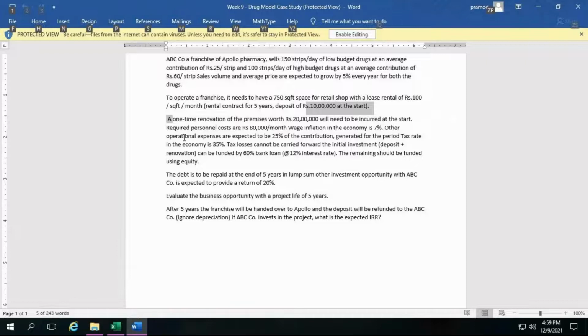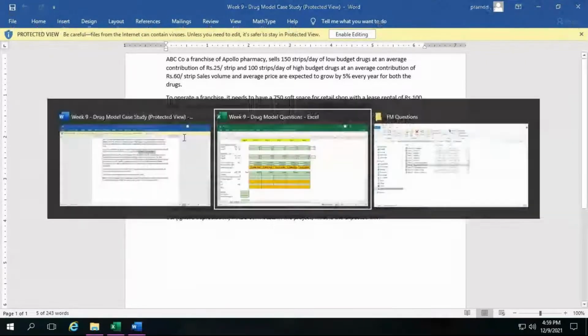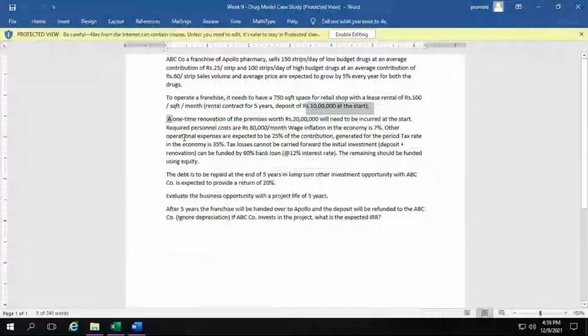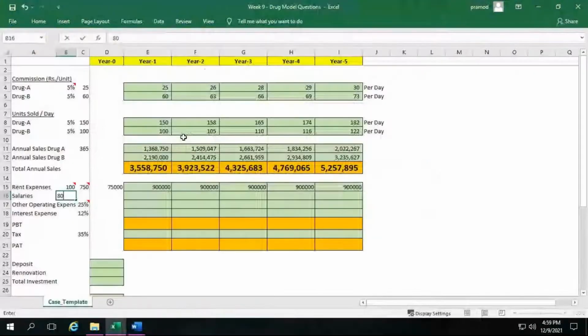Okay, so the salary is 80,000. The percentage is 7%. So here what you need to do is, again, they are telling for 1 year.